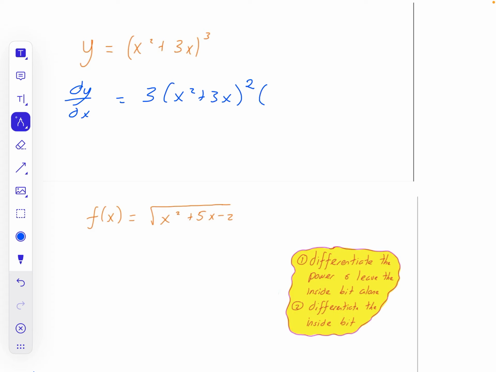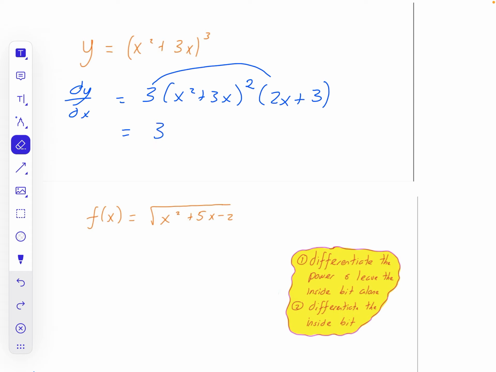We differentiated the power, now you need to differentiate the inside bit. So differentiate x squared plus 3x: differentiate x squared, you get 2x, and then differentiate 3x, you just get 3. Now, what I can actually do from there is tidy it up a little bit. I'm going to multiply the 3 into the brackets.